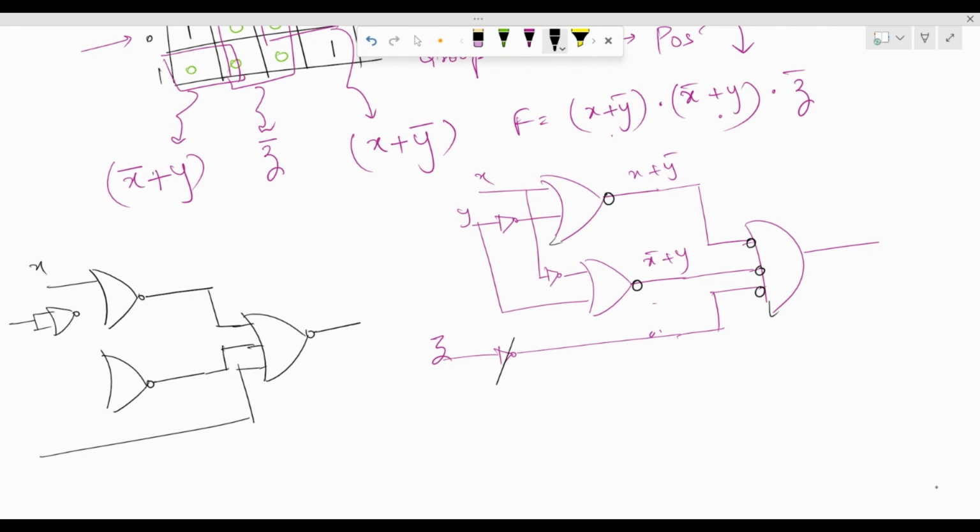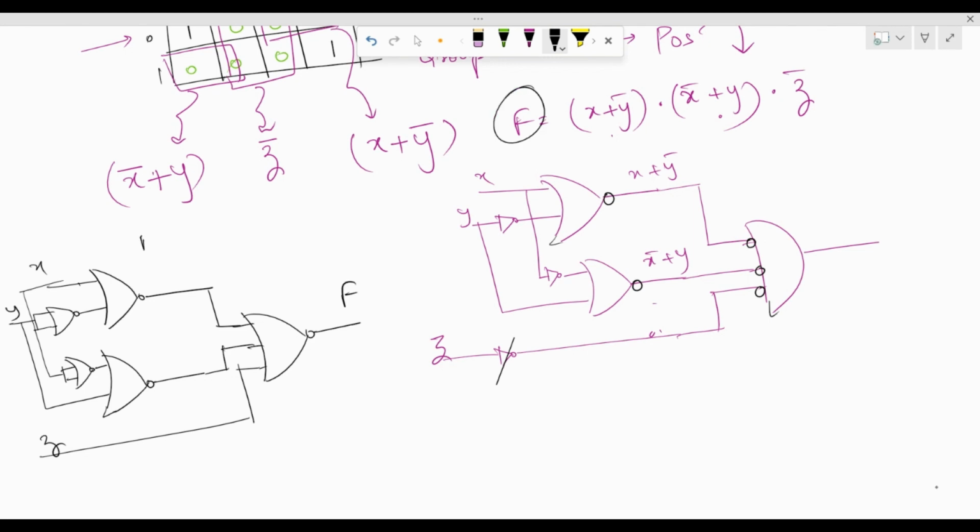So I can use another NOR gate over here like that. This has a Y over here, and for X bar, I can again have another NOR gate like this, because after all the NOT gate can be represented using the NOR by making both the inputs of the NOR gate the same. This one is Z. So effectively we get the same terms that we've got over here. So this is the implementation of function F.